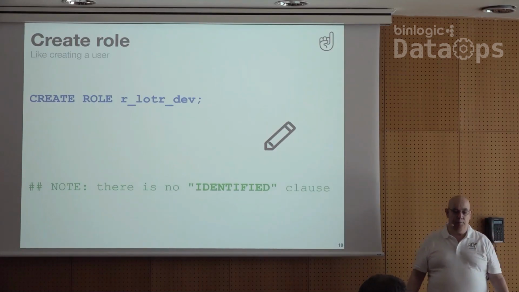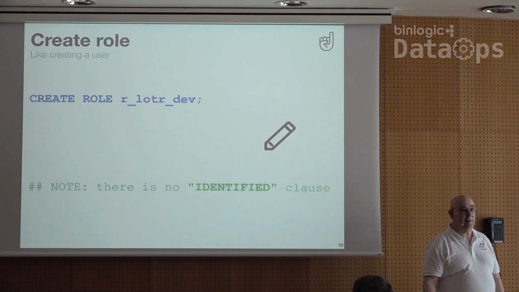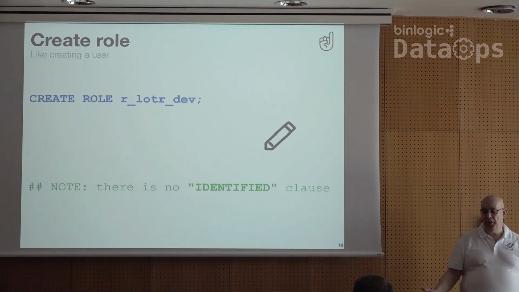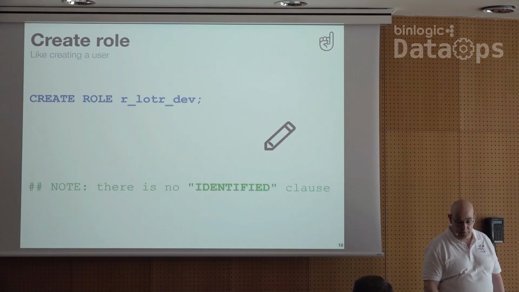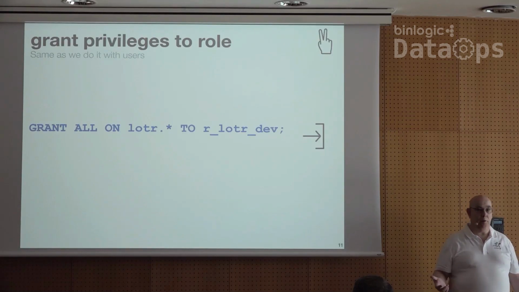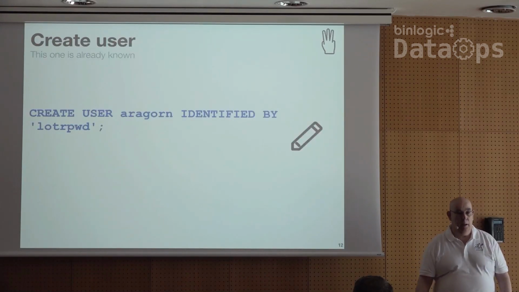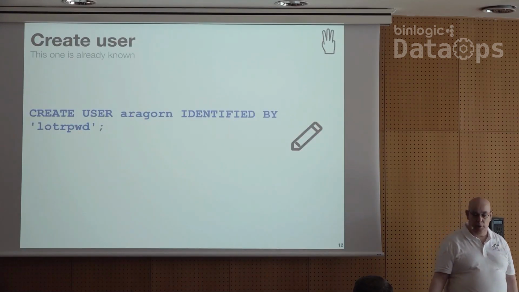So, example, create role. Notice that when you create a role, you cannot have an identified clause. Grant something to the role. This is the same thing that you do to a normal user. You just say, this role is authorized to do something. Then you create the user the usual way.